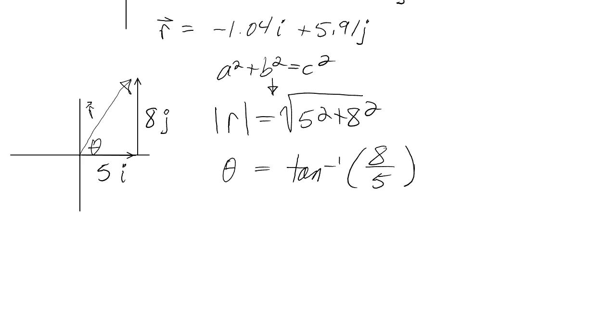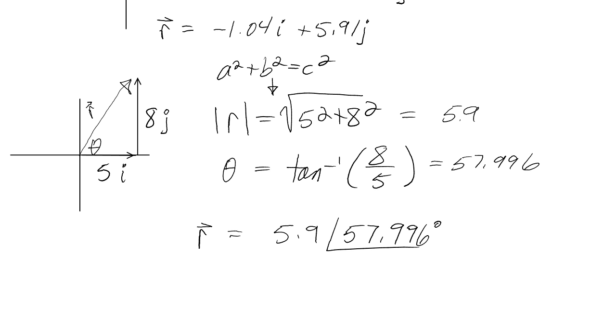Calculating that. After calculating, we get r is 5.9, theta is 57.996, and our vector is 5.9 at 57.996 degrees. And we just converted from rectangular to polar.